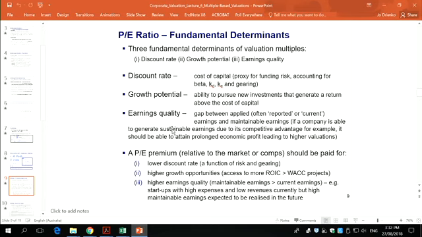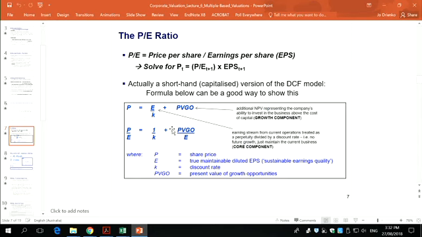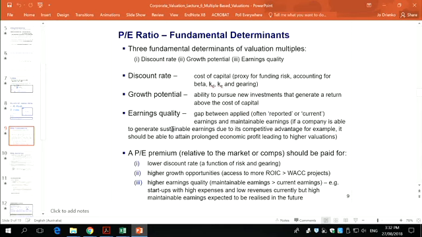The earnings quality. I'm not talking about the E here. That's just maintainable earnings. The earnings quality is the gap, the difference between what's current or reported and what's sustainable.